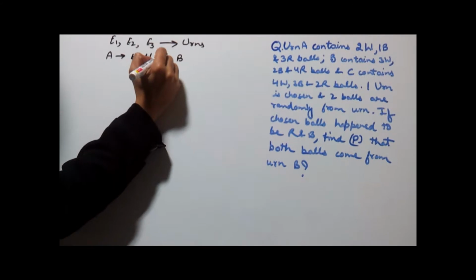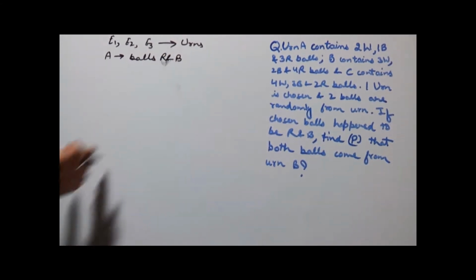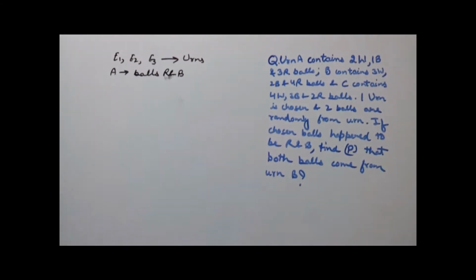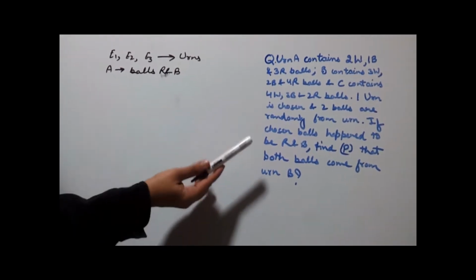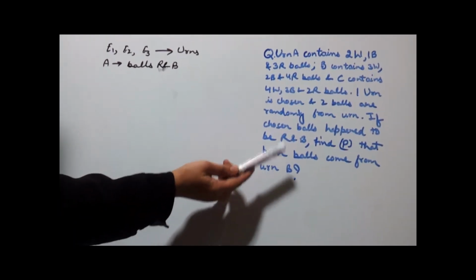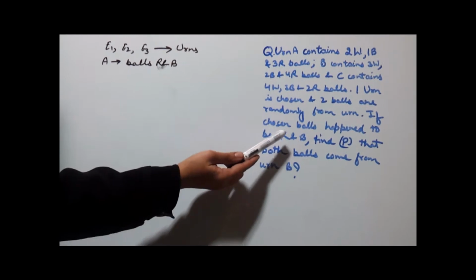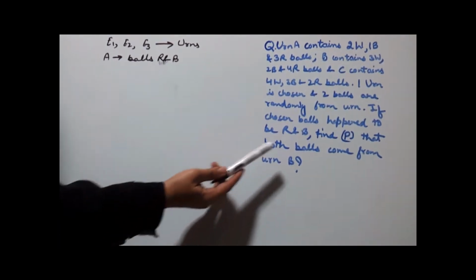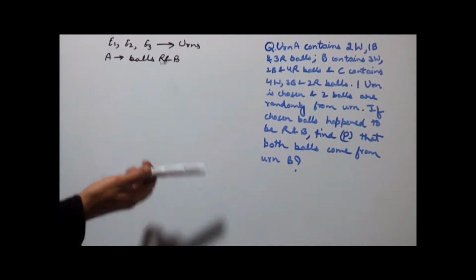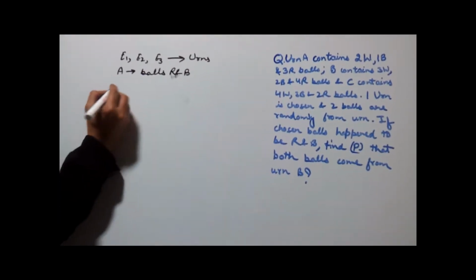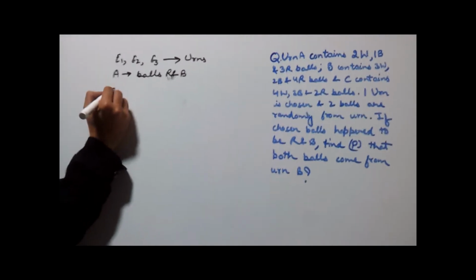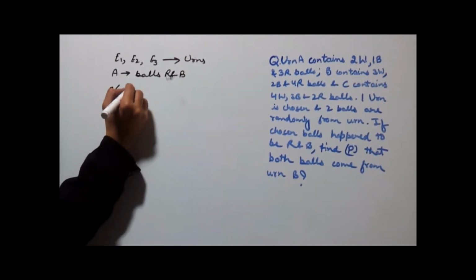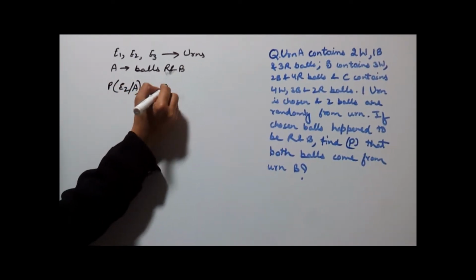We need to find out the probability that if the chosen balls happen to be red and black, what is the probability that it is drawn from urn B? So what we need to find out is the probability of E2 by A.